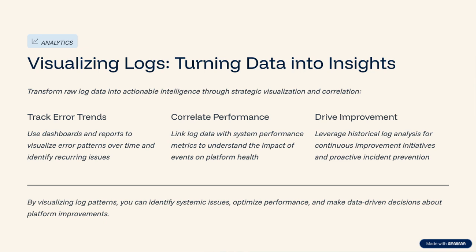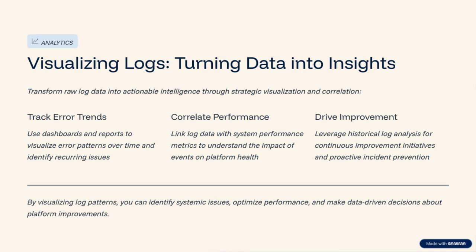Another crucial aspect is connecting log data with system performance metrics. This linkage allows us to understand how specific events impact overall platform health, giving us a clearer picture of cause and effect. We also use dashboards and reports to visualize error patterns over time.